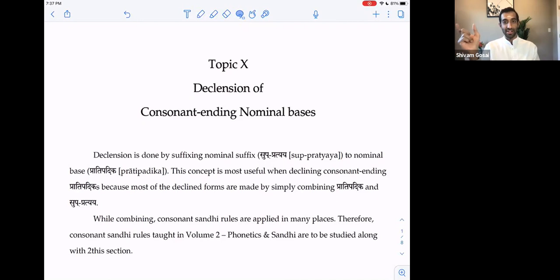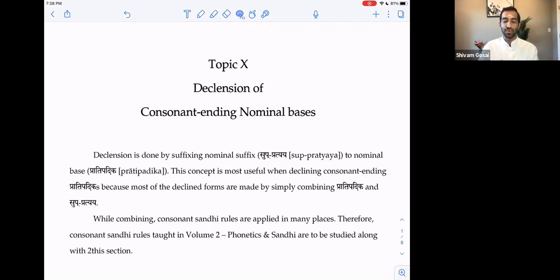So this part of the addition is sup pratyaya, and before it we have pratipadika. So pratipadika plus sup pratyaya. Remember, we learned this in our first class, when Raja Ramchandra was king a long time ago. But now this is where this becomes useful, because when we're declining consonant ending, it really is just addition. It becomes a little nuanced as we go along, but you'll see what I mean by just addition.